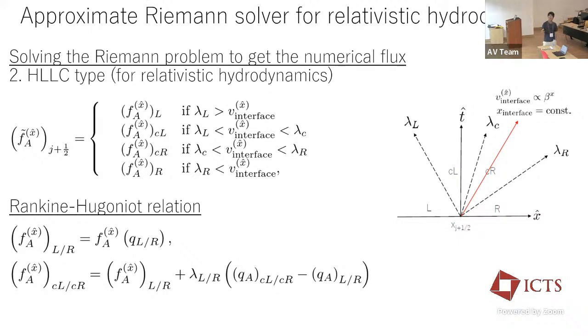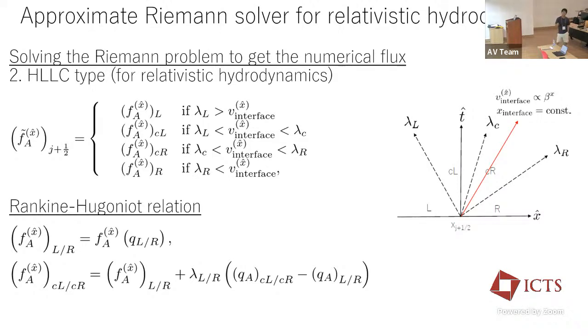So now you have four states: the L state, the CL state between the left propagating wave and the contact discontinuity, the CR state between the contact discontinuity and the right propagating wave, and the R state.